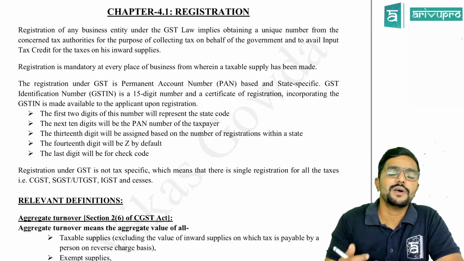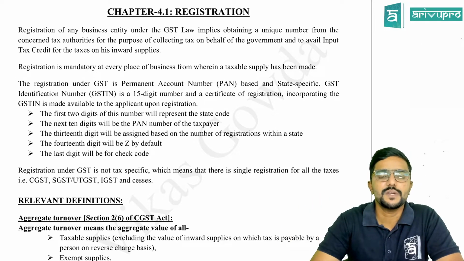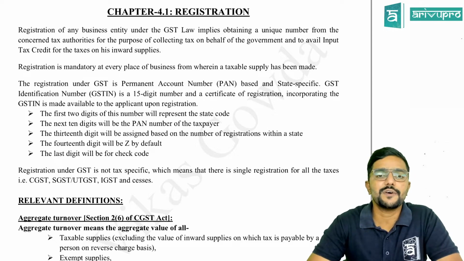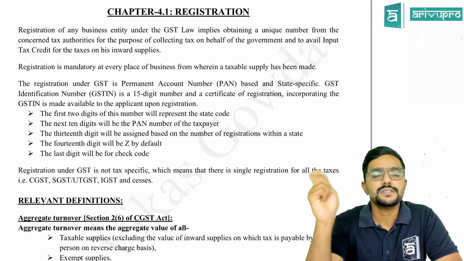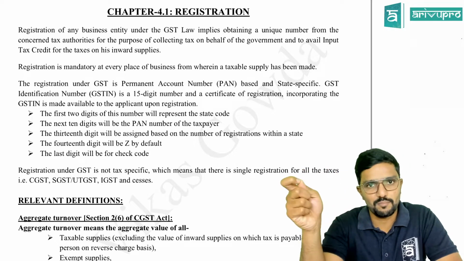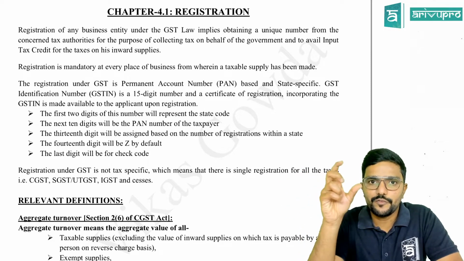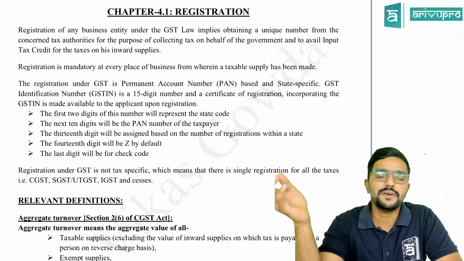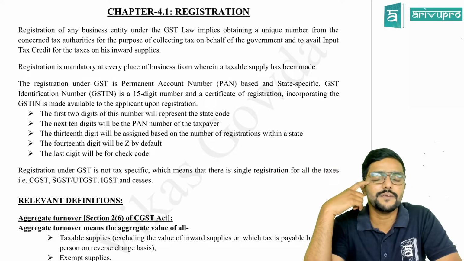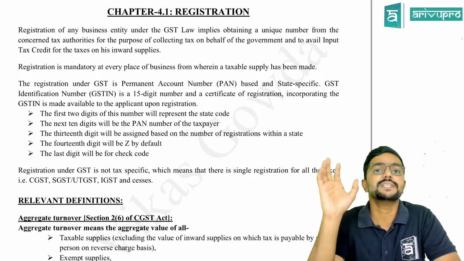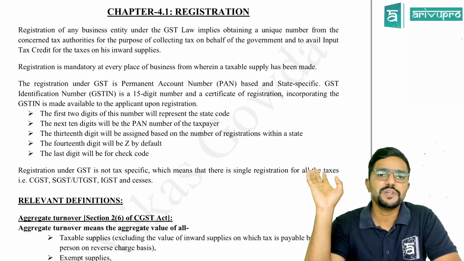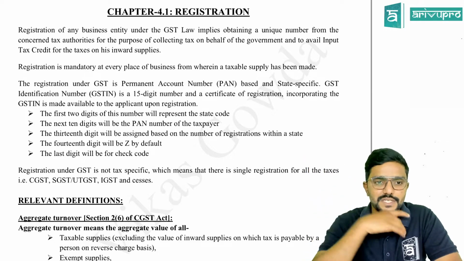Once a registration is granted for you, you will be allotted a unique number called GSTIN, the GST identification number. Wherever you are paying tax or collecting tax from the recipients, everywhere you have to quote this number. This is a unique number for you under GST.